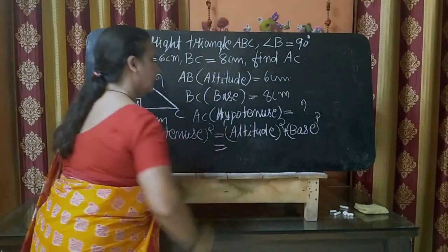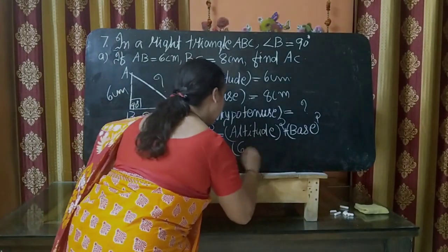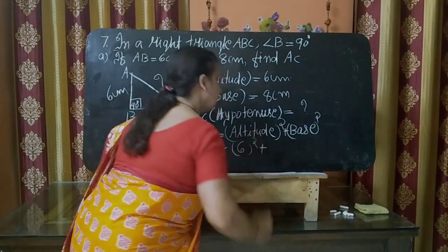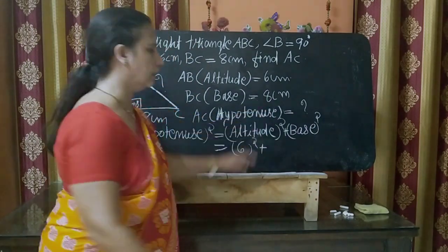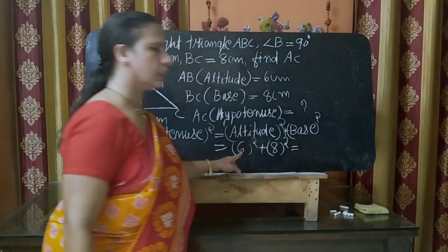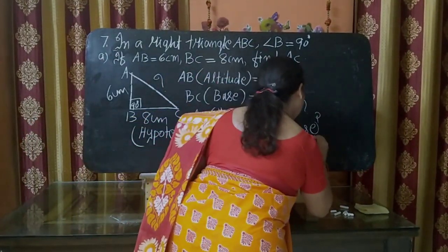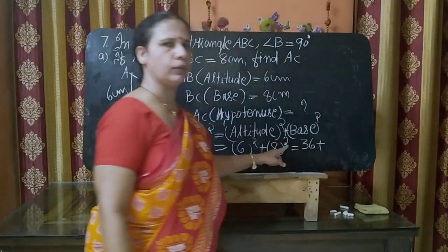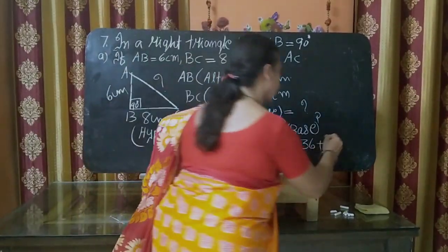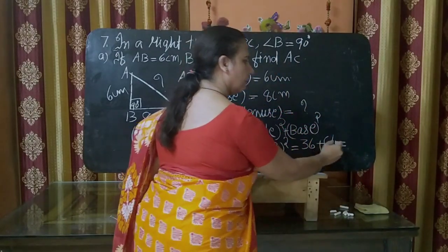Here altitude is 6 centimeters, so 6 square plus base square, 8 square. 6 square, 6 sixes are 36, plus 8 square, 8 eights are 64. Then 36 plus 64 is 100.